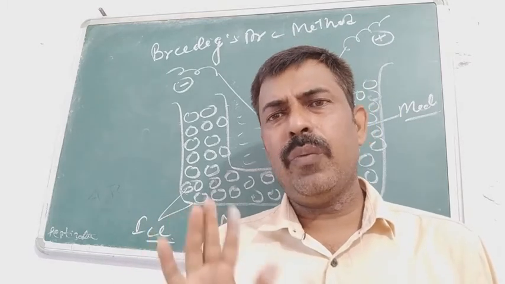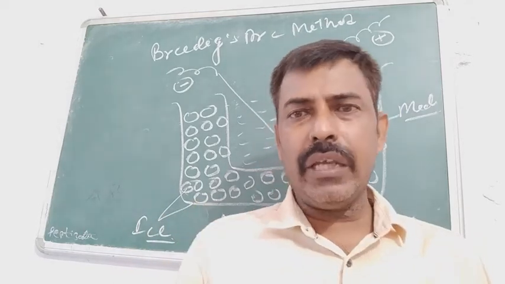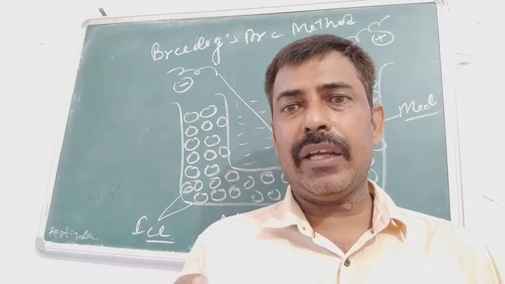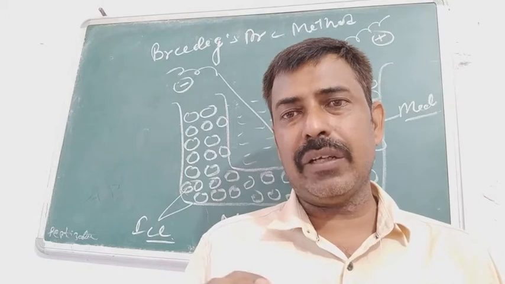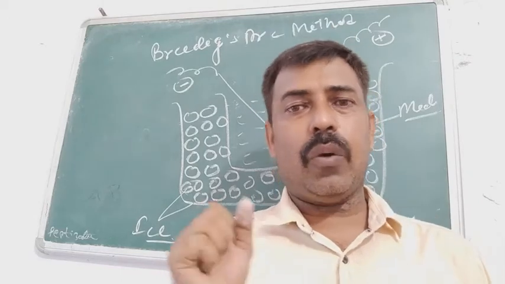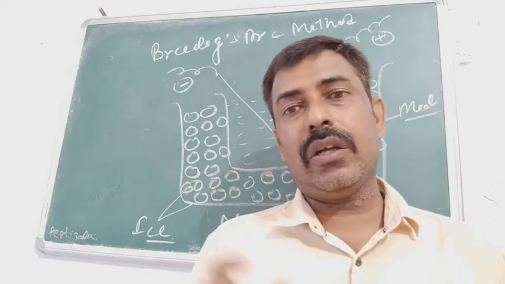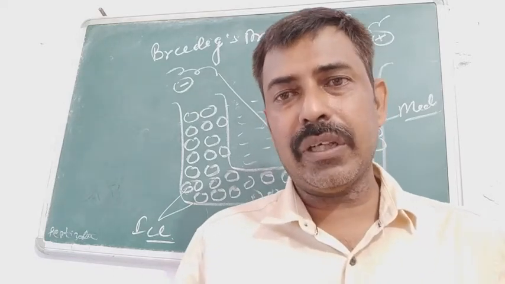So, generally we are not going to use any material which comes in the category of precious metals. We are going to prepare the colloid only with the help of metals, and only those metals which are not considered precious metals.